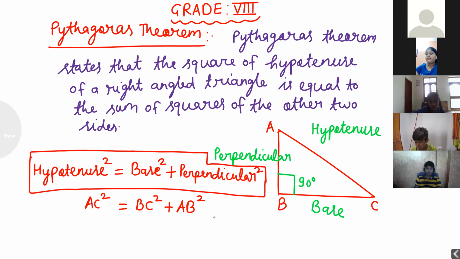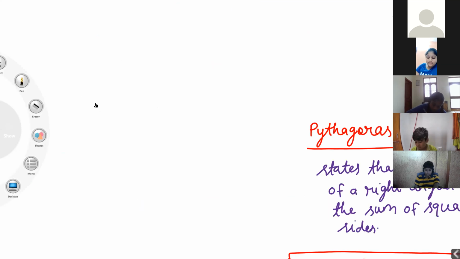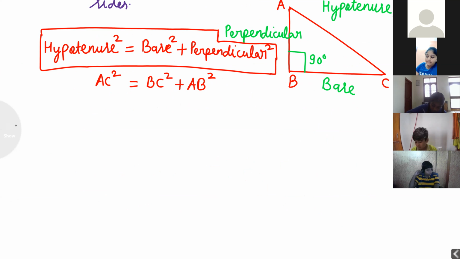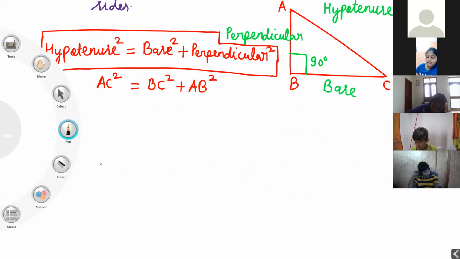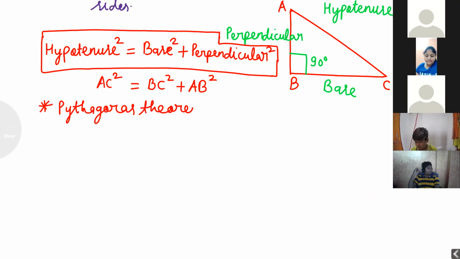Keep star points. Pythagoras theorem is applicable for right angled triangles.